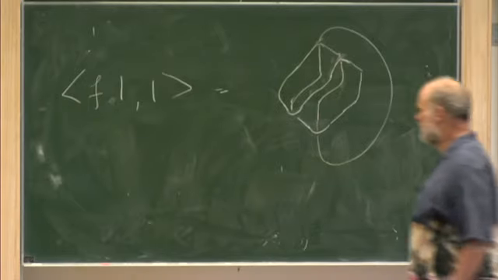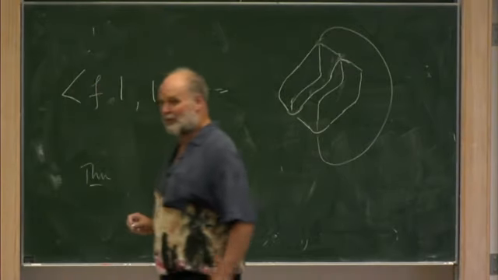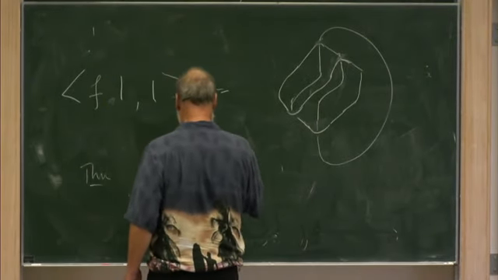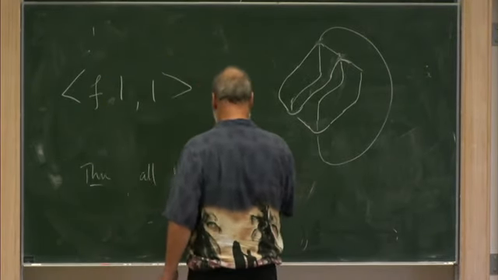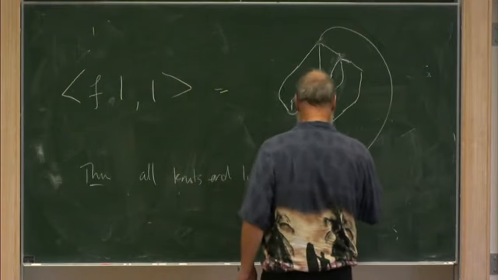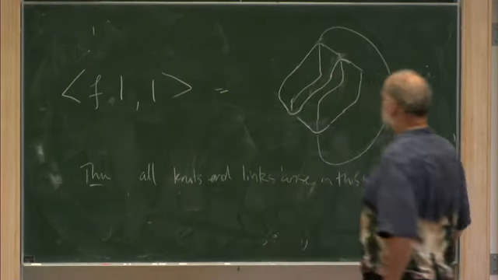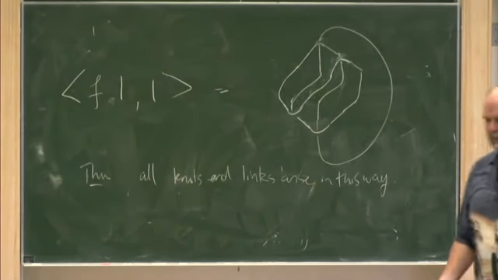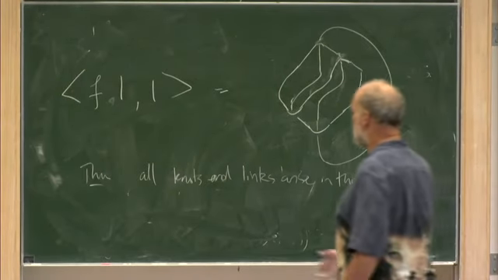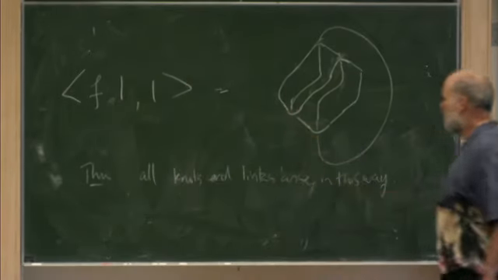And the theorem that obviously has to be proved is, and I actually did prove this, all knots and links arise in this way. So given a knot or link, however complicated it might be, you can always turn it into a Thompson group element so that if you do this picture here, then you get your knot back.